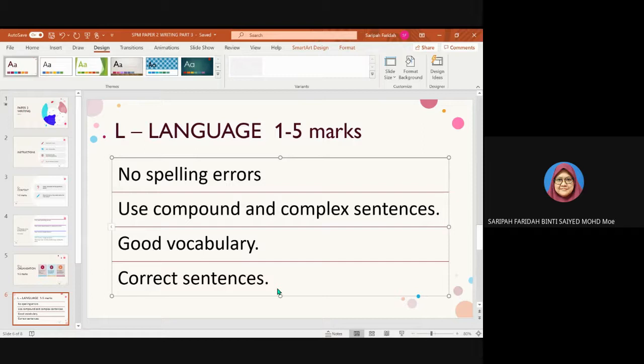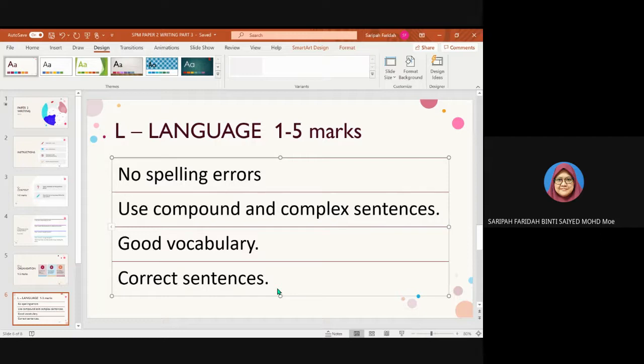we have to be careful in our language when we are writing paper 3, and then we have to reread and then check our essay. After we have written, tak boleh nak tinggal macam tu je. You need to reread supaya you boleh ada proofreading and then you betulkan apa yang salah.